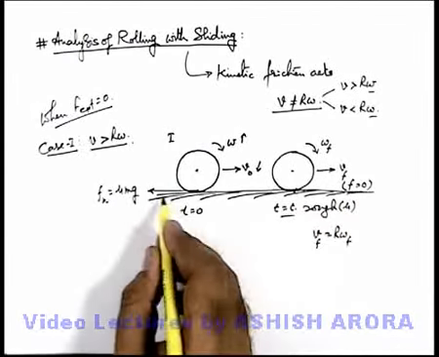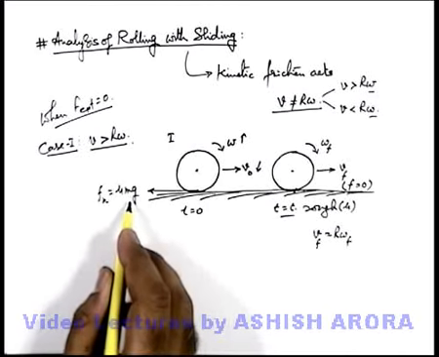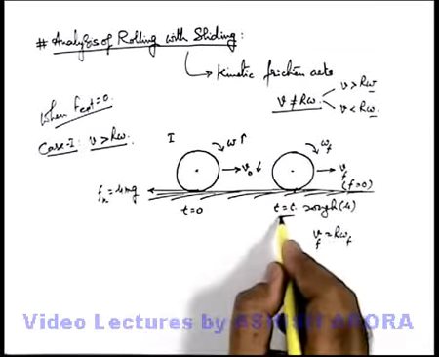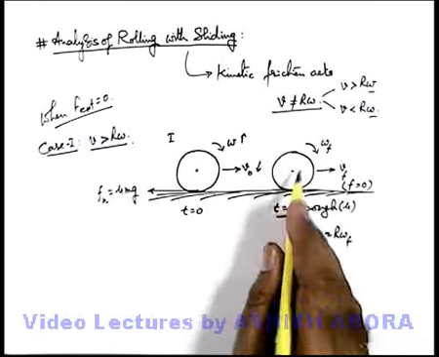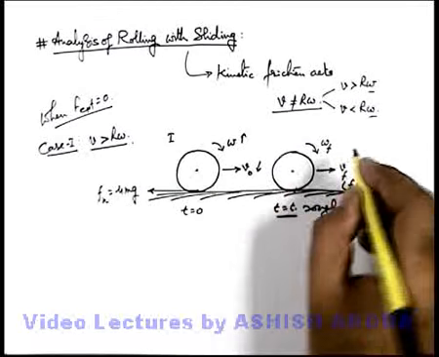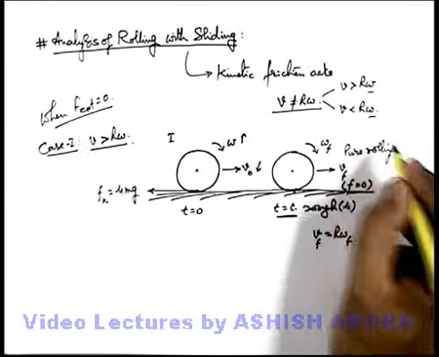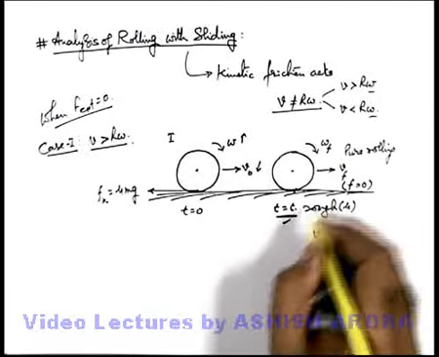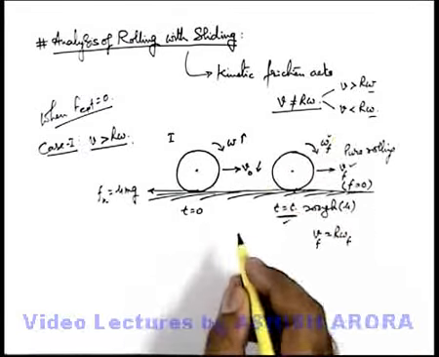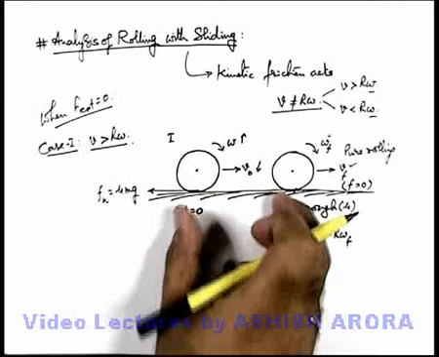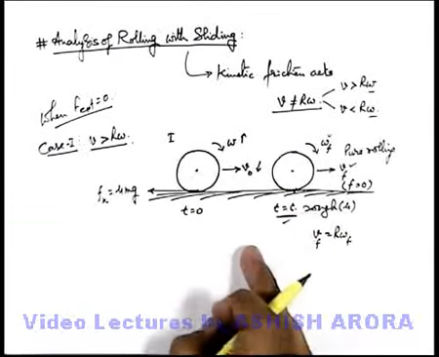Up to this point the body was experiencing the friction mu mg. So if we wish to find the time after which the body will start pure rolling, because from now onward the motion will be pure rolling, say we are required to find the time, the translational and angular speed when the body will start pure rolling, or the distance traveled by the body in this period.